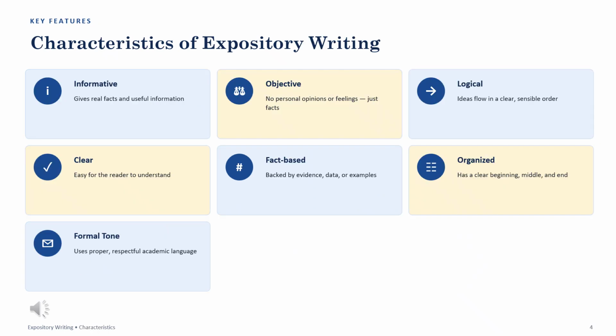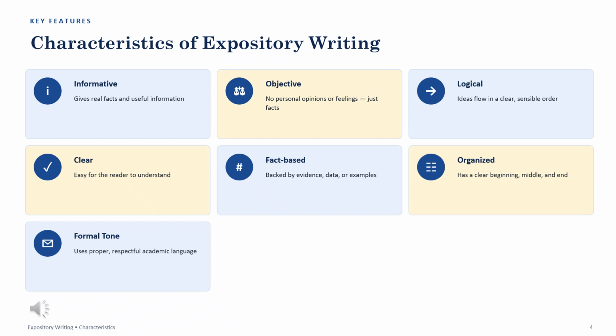To write a great expository piece, you need to keep its key characteristics in mind. There are 7 features we want to focus on. First, it must be informative. It gives real facts and useful information. Second, it is objective. No personal opinions or feelings, just the facts. Third, it is logical. Your ideas should flow in a clear, sensible order.